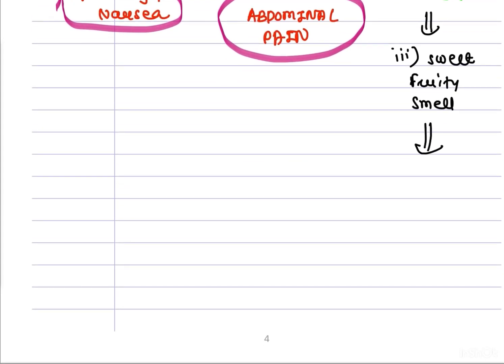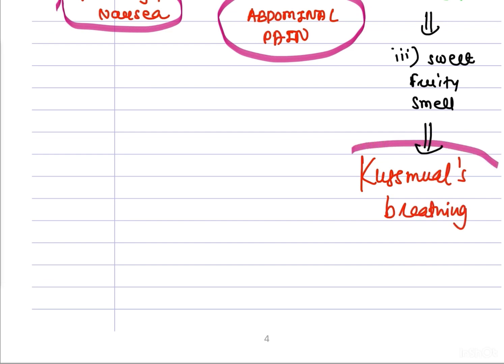All these three together will give our third presentation, which is a sign, not a symptom. And what is this? It is Kussmaul's breathing. So this is the most important sign of our diabetic ketoacidosis patient. Number 3 sign.